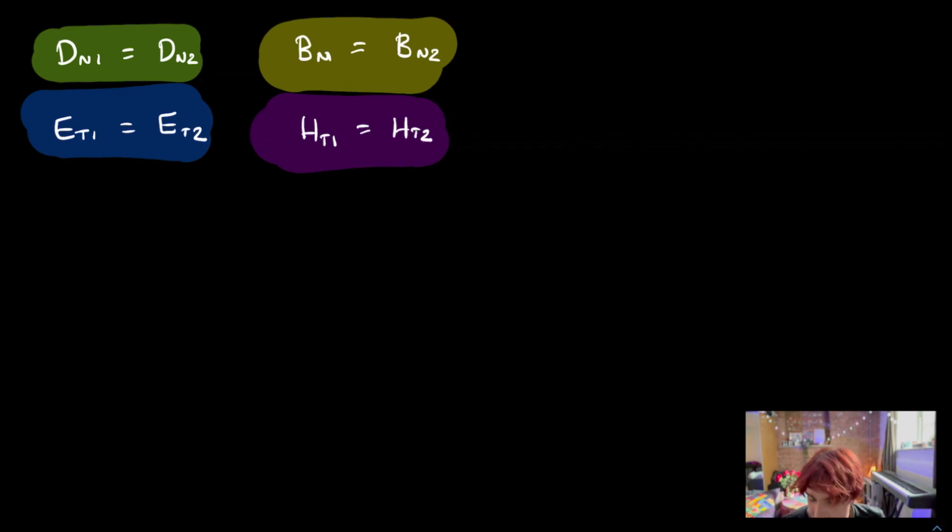And so we find this quite interesting kind of symmetry going on almost. We find that for the D and B field, it's the normal components that transport across. Whereas for the E and the H field, we find that it's the tangential components that transport across. And so we can see sort of an interesting parallel between D and B right here and E and H right here.